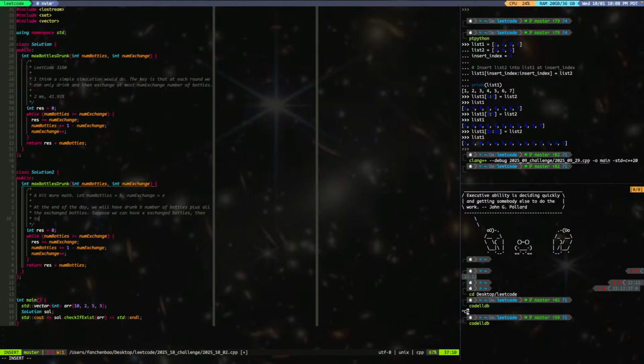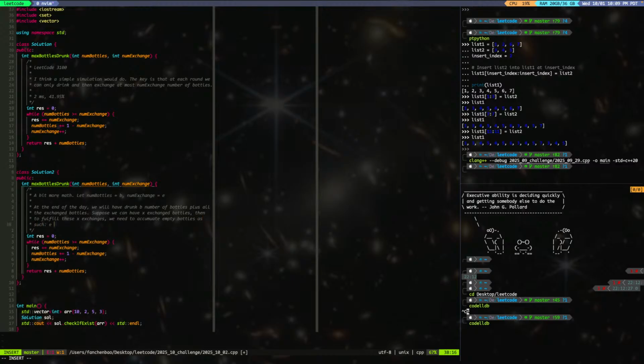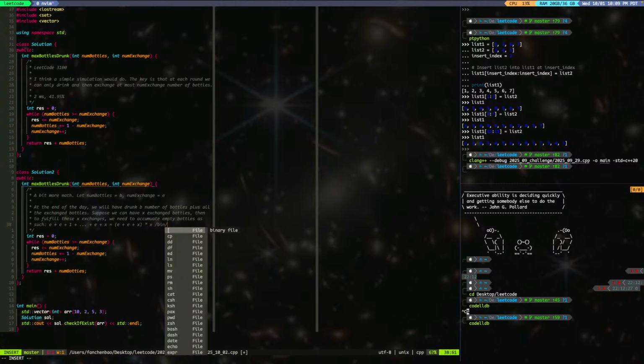All right. Then to fulfill these X exchanges, we need to accumulate empty bottles as such. E plus 1 plus ... plus E plus X, which is equal to E plus X times X divided by 2. Right.